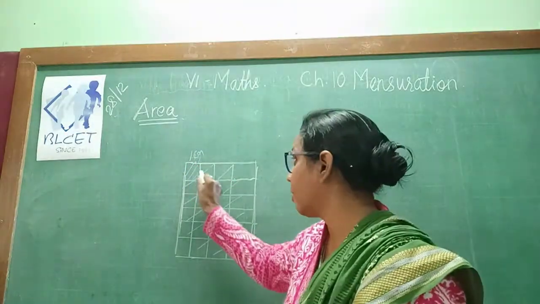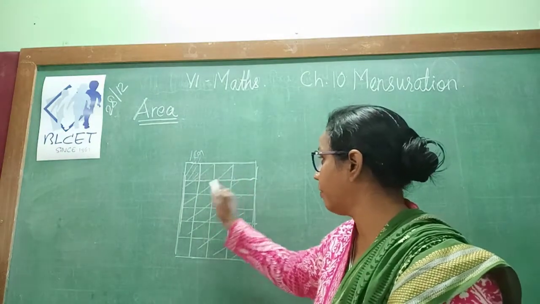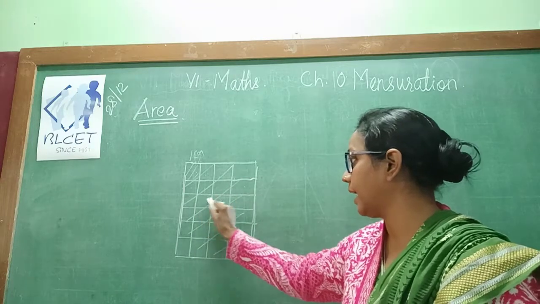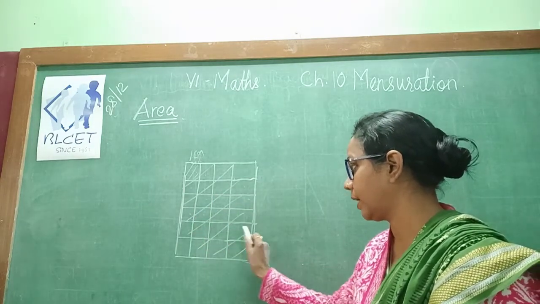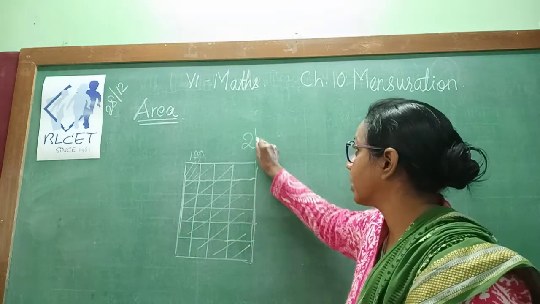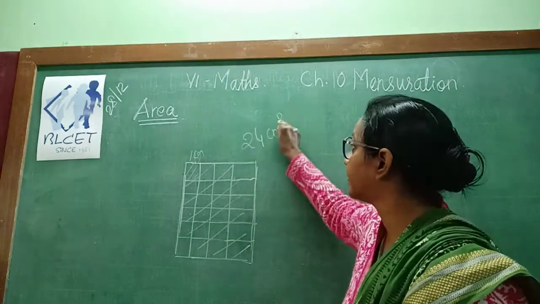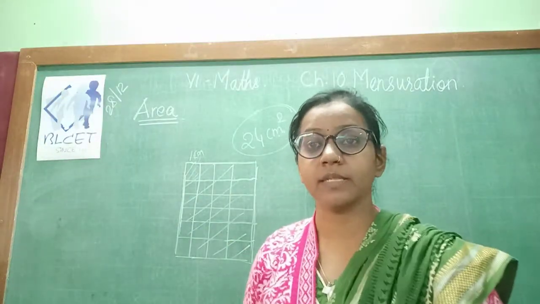So how many small boxes are there, that we have to count. 1, 2, 3, 4, 5, 6, 7, 8, 9, 10, 11, 12, 13, 14, 15, 16, 17, 18, 19, 20, 21, 22, 23, 24. So what is the area of this book? 24 centimeters square. This is one way we can measure the area.